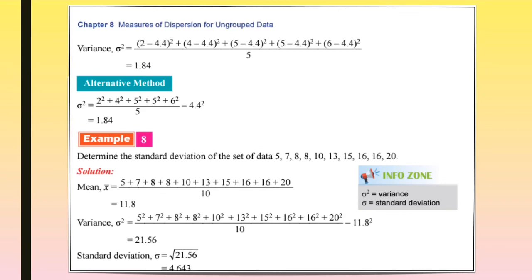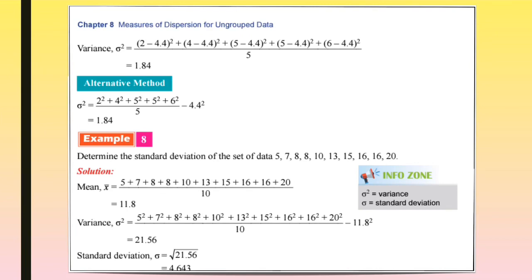Okay, there's another formula, which is you take the data and you square. We call it sum of data square. That means the data is 2, you square, plus 4 square, plus 5 square, plus 5 square, plus 6 square, over 5, because number of data is 5. Then minus the mean square. Mean is 4.4. So this formula looks a bit shorter compared to the one just now.